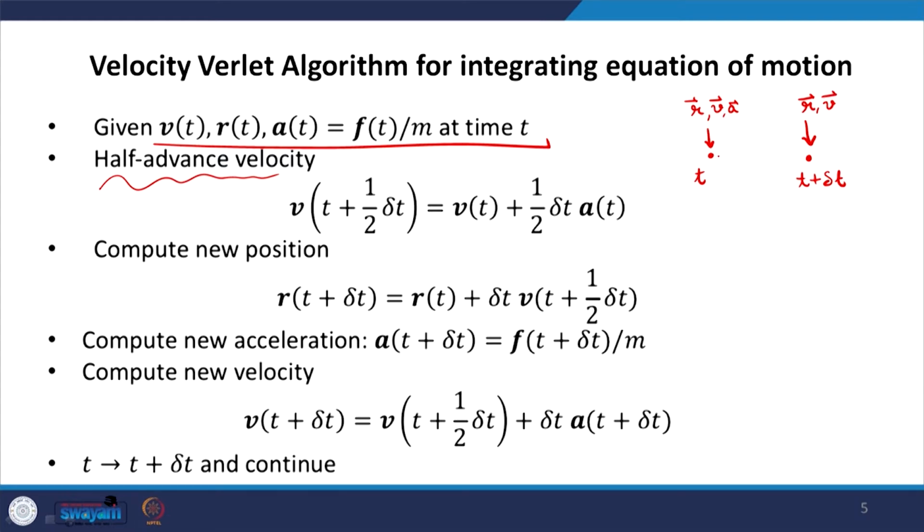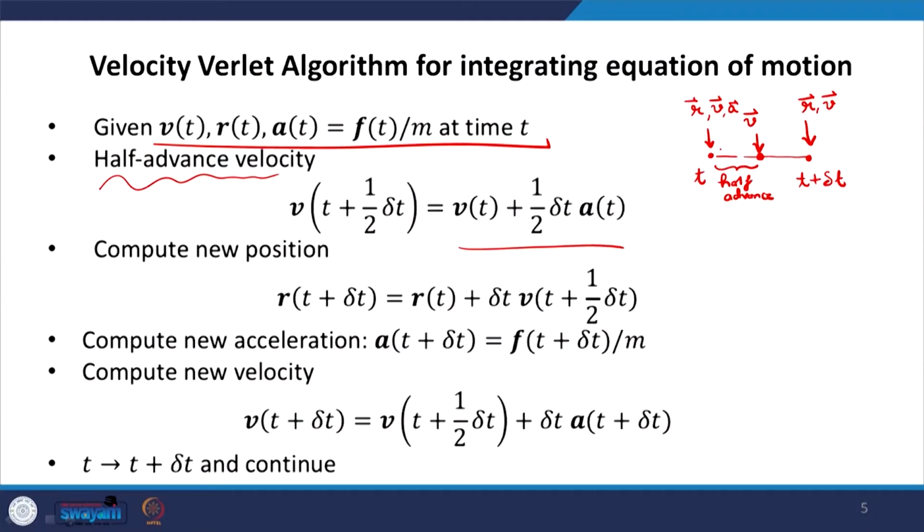Then what I first do is I pick the midpoint of the interval and compute the velocity at the midpoint. This is what we mean by half advance. And this clearly is given as the velocity at time t plus half delta t multiplied with the acceleration. This has to be the case.